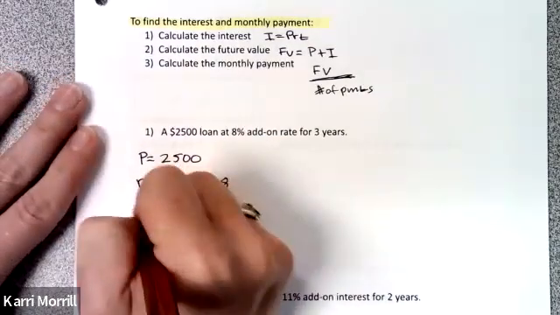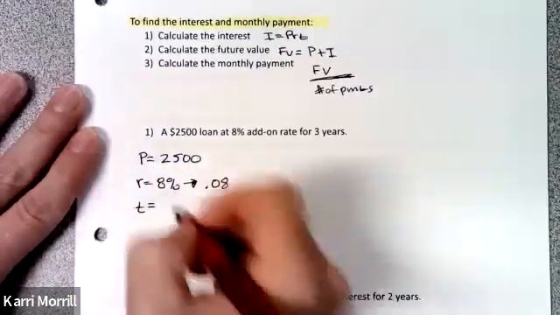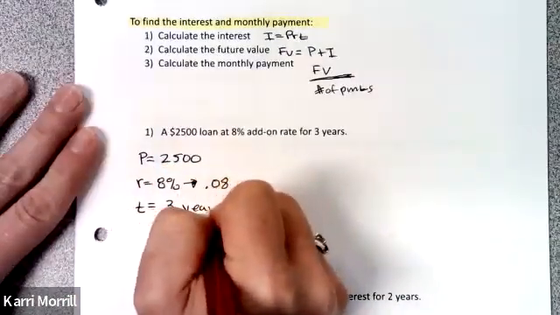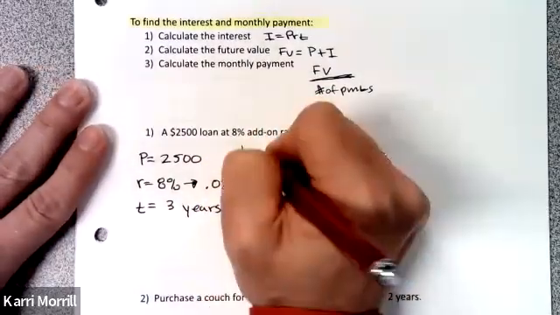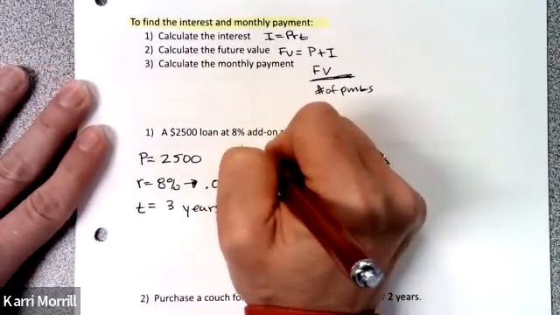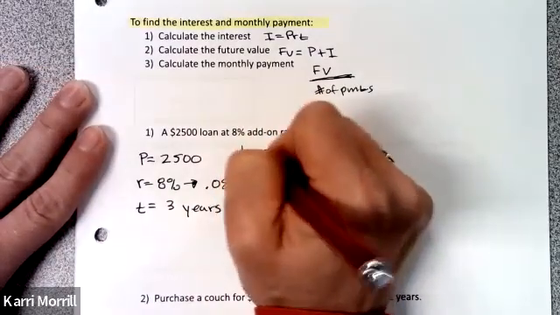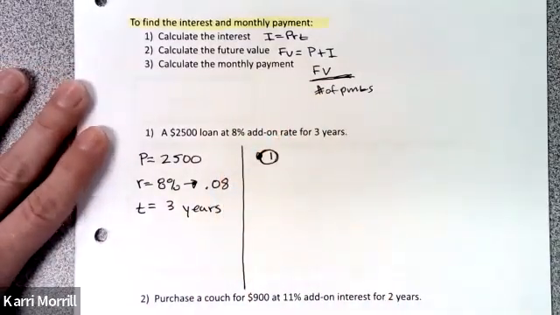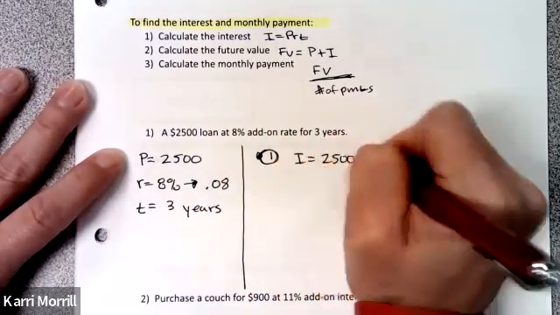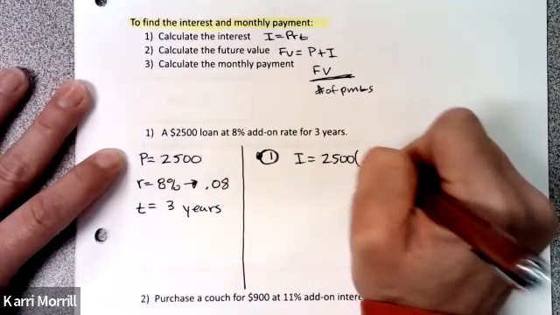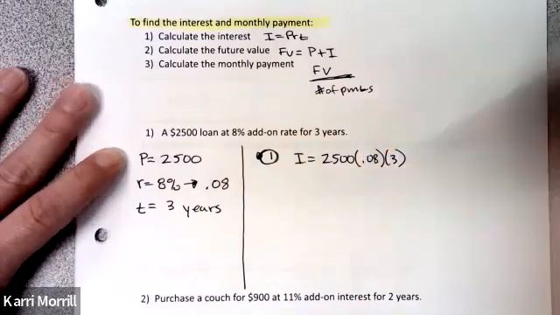Your time period is 3 years. So step 1, calculate the interest. We could do that, right? We could say 2,500 times 0.08 times our 3 years.